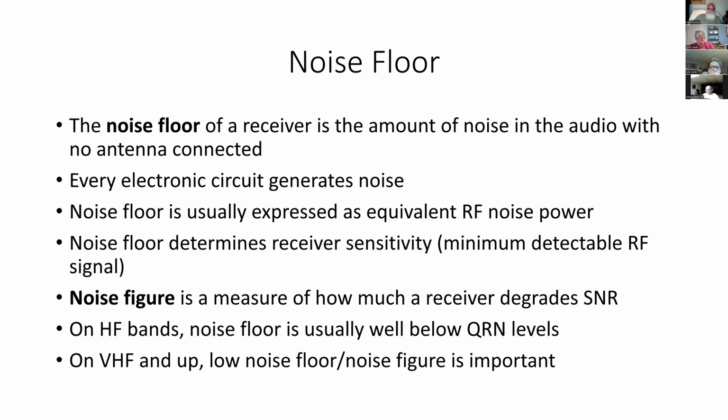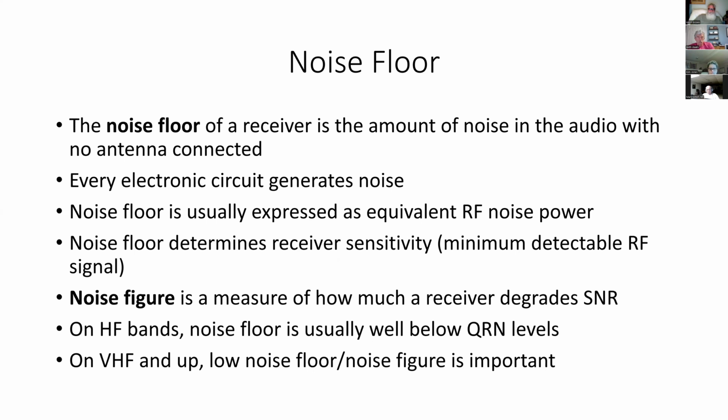The noise floor is usually expressed as the equivalent measurement of a signal applied at the antenna connector of your radio that produces the same output. And this determines the sensitivity of your receiver. That's usually done by measuring the minimum detectable RF signal, in other words, when the signal level is equal to the noise level.